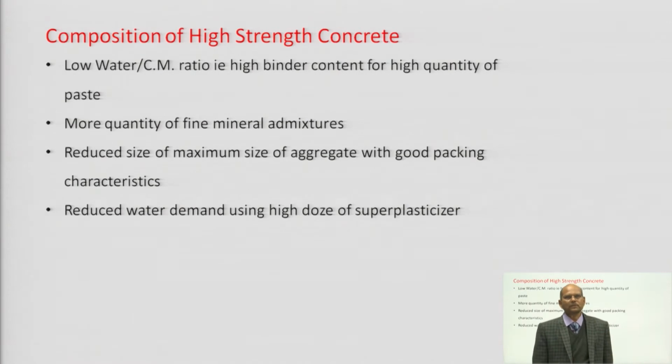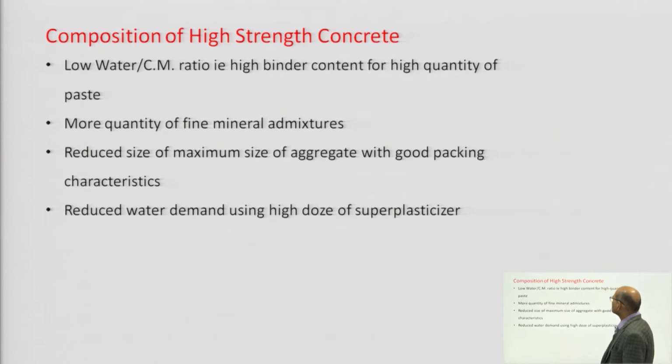And what is the composition of high strength concrete? The first requirement is a low water cementitious material ratio, as a high binder content for a high quantity of paste is required.